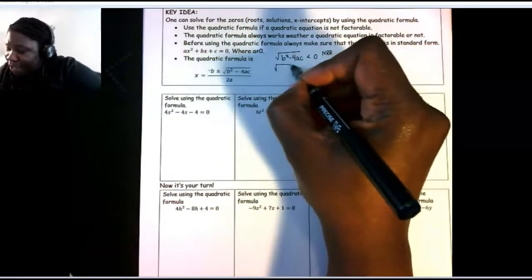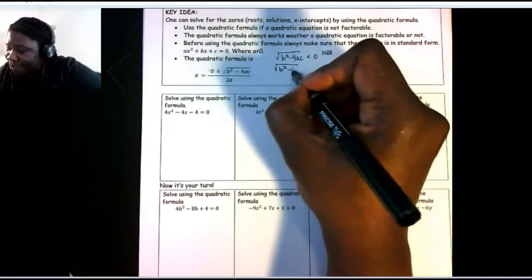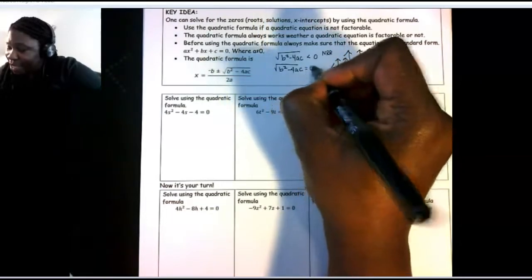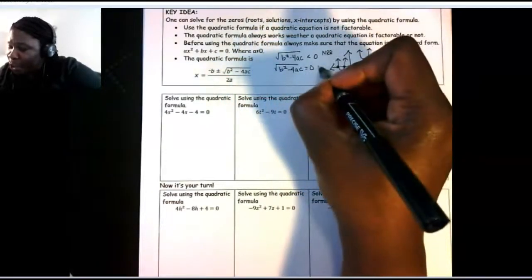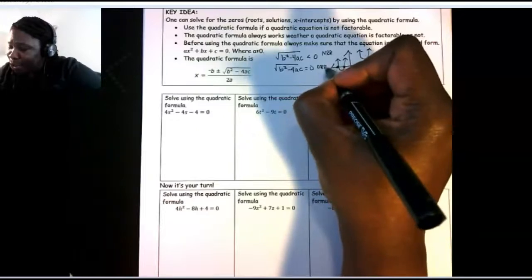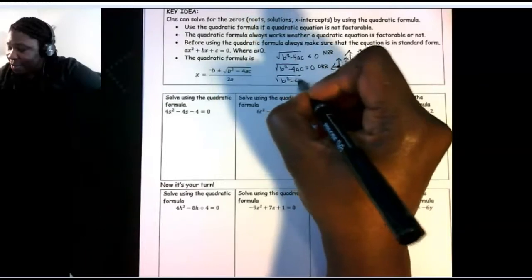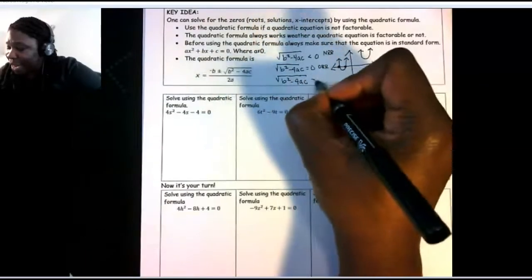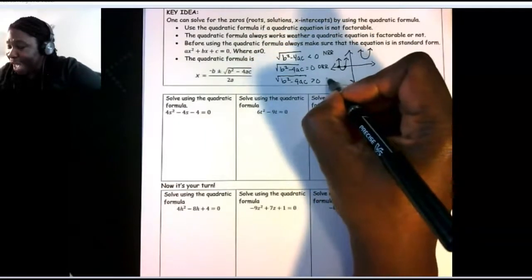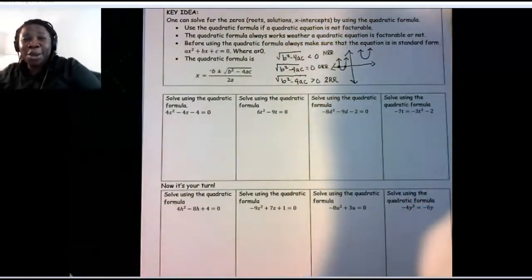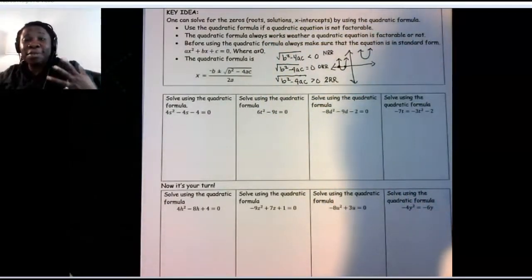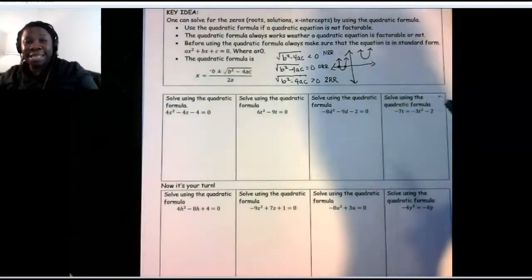If your determinant is equal to 0, then you have one real root. If your determinant is greater than 0, then you have two real roots. So the quadratic formula is not some things that are just thrown together. It's giving you what you need just in a different form.